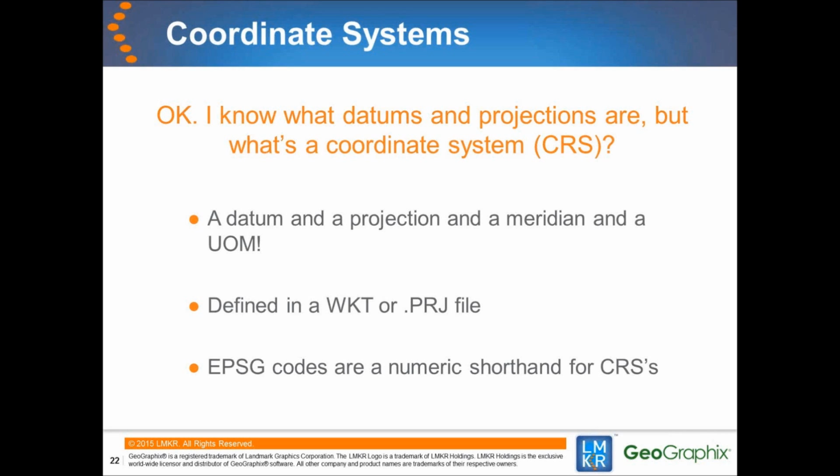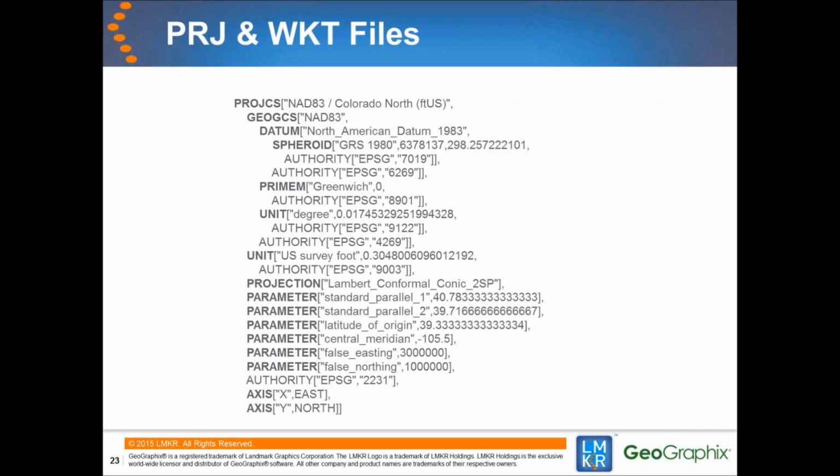EPSG stands for European Petroleum Survey Group, a now defunct group, but the EPSG codes have lived on, and they're actually becoming more and more used in GIS software, to the point where people think about a coordinate system as an EPSG code, not even as a PRJ file or a well-known text string. But this is the kind of information that is in one of these PRJ files or well-known text files.